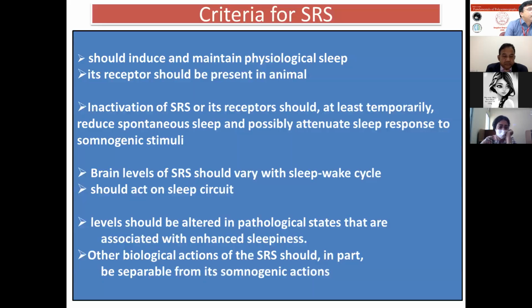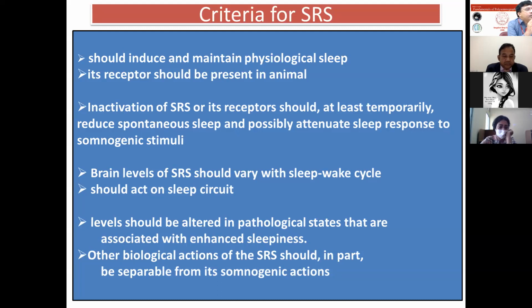So there are criteria by which we can say that a substance is related to sleep. What are those criteria for a sleep regulatory substance? Number one, it should induce and maintain physiological sleep. Number two, its receptor should be present.